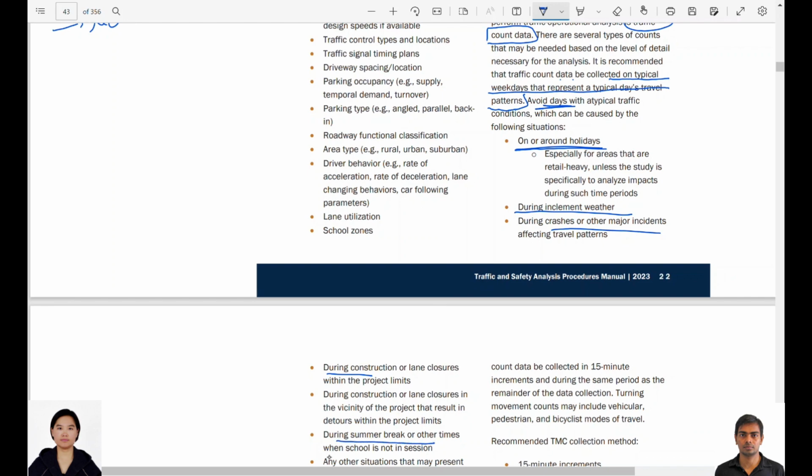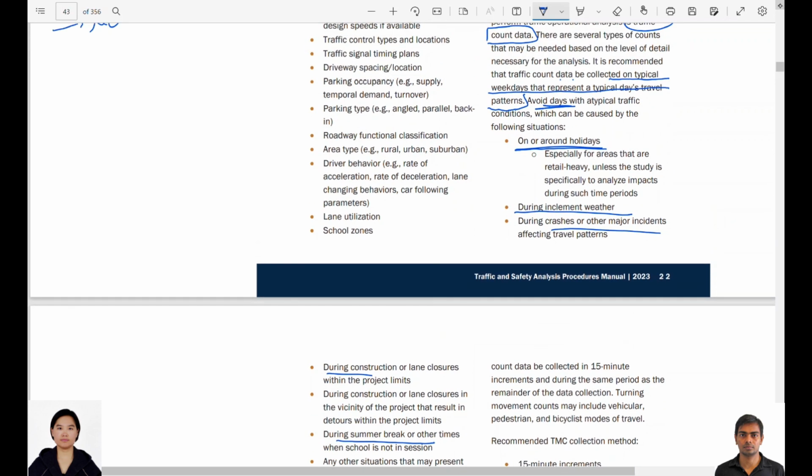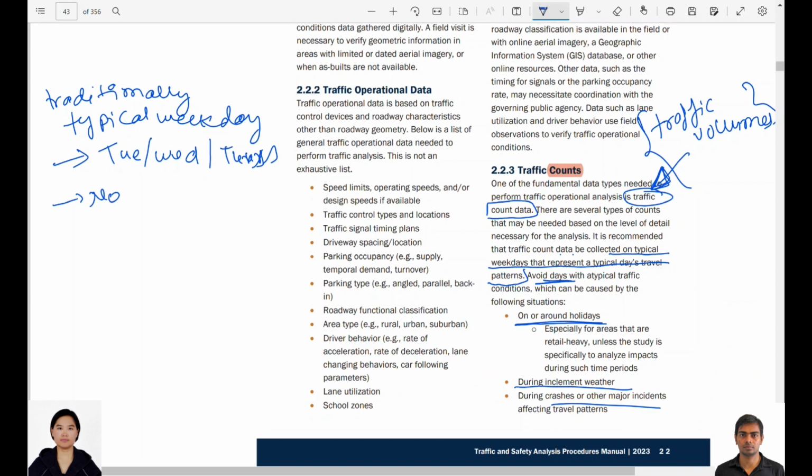So any situation that may present atypical travel patterns, such as special events. Also, typical weekdays or typical days of data collection traditionally include when schools are in session.